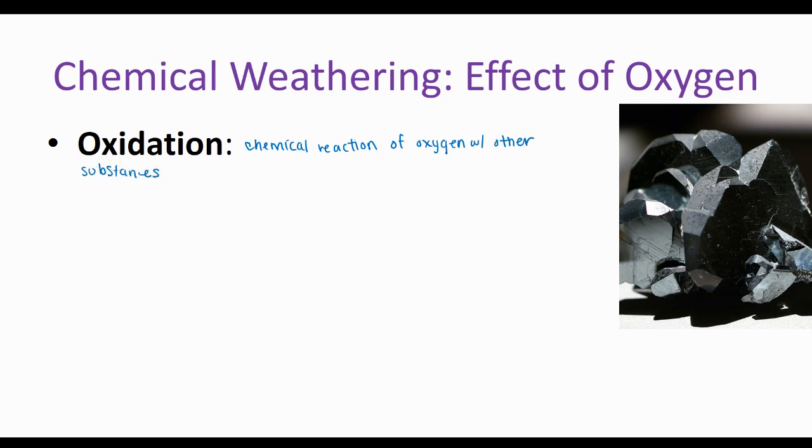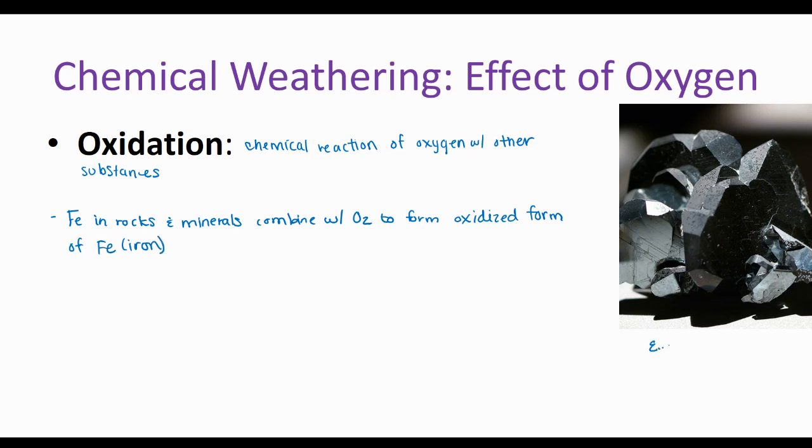Our example here is how iron in rocks, in minerals, combine with oxygen to form the oxidized form of iron. And this is an example here of hematite formed through oxidation.